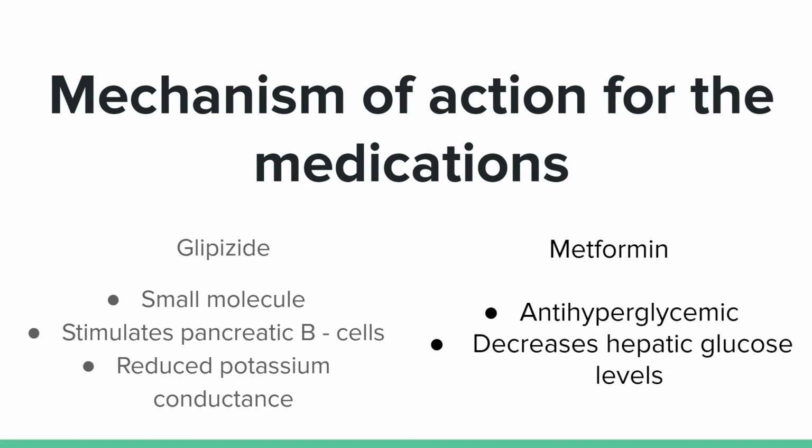After ingestion, the organic cation transporter is responsible for the uptake of metformin into hepatocytes. Metformin inhibits mitochondrial complex, preventing the production of mitochondrial ATP, leading to increased cytoplasmic ADP-ATP and AMP to ATP ratios.